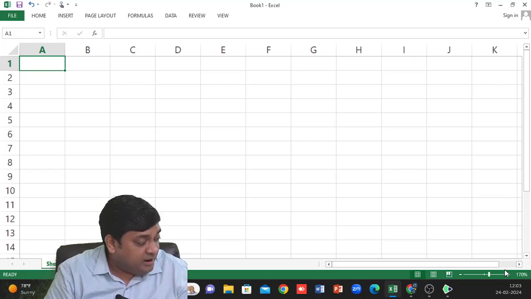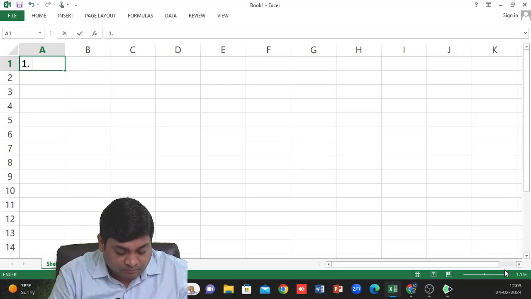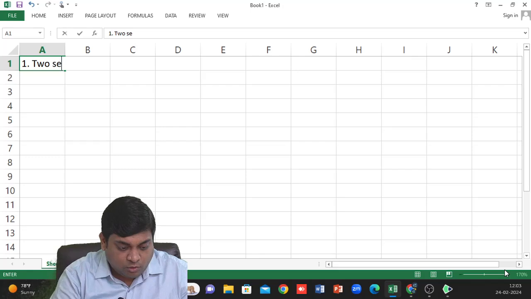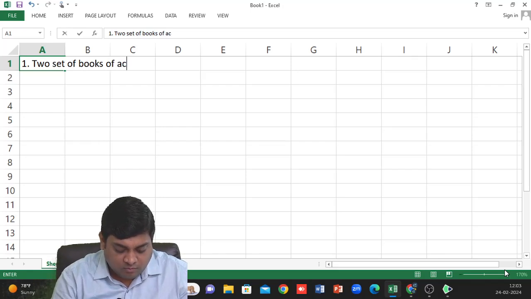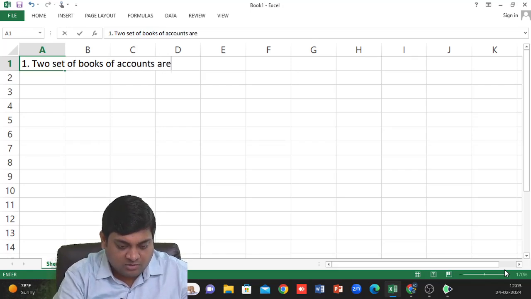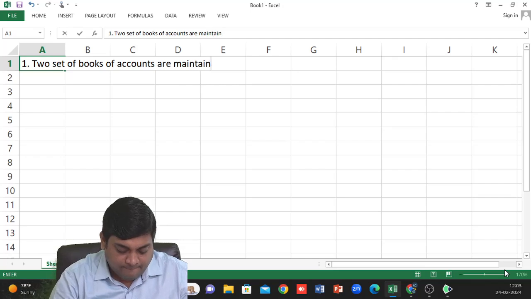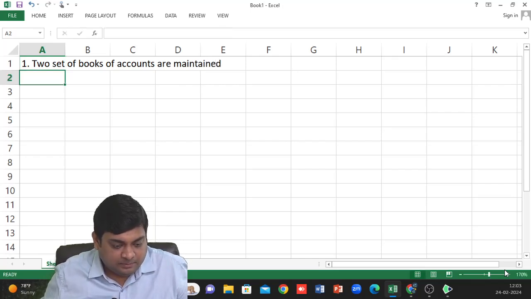So the very first point, two sets of books of accounts are maintained.